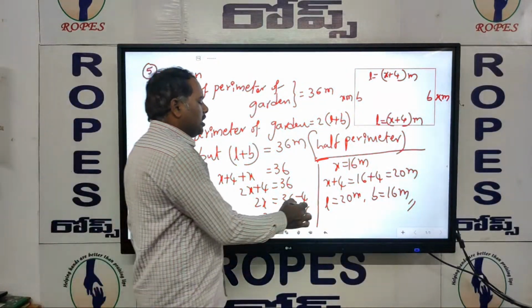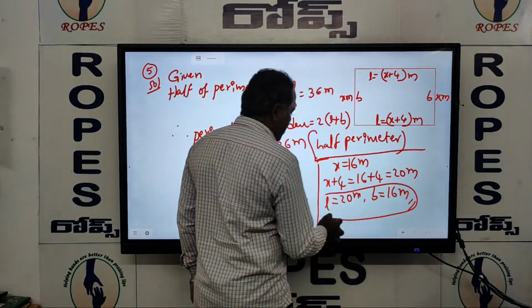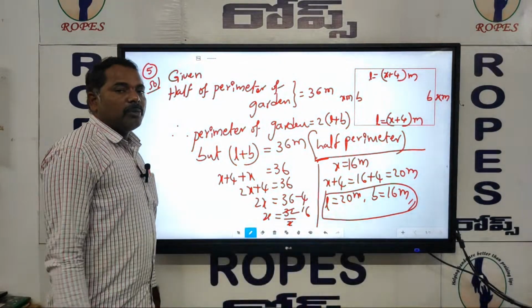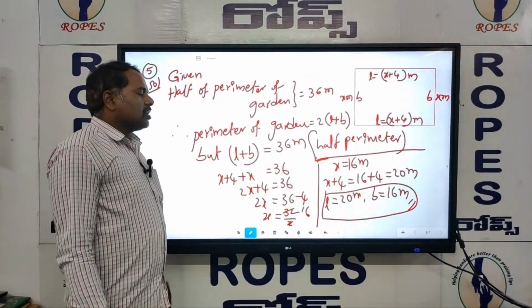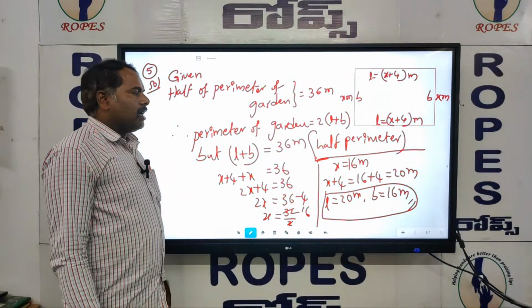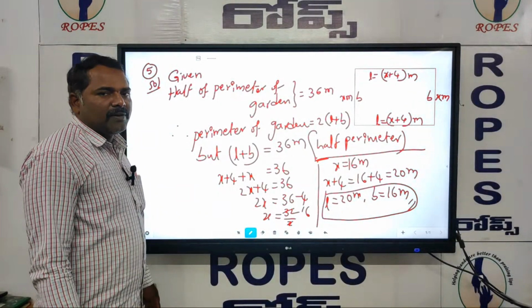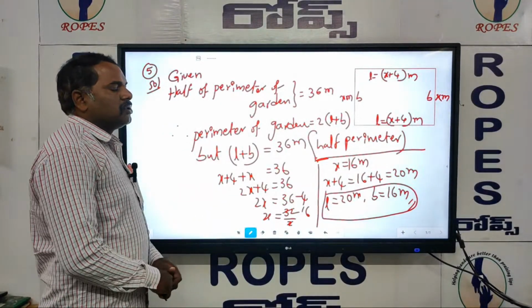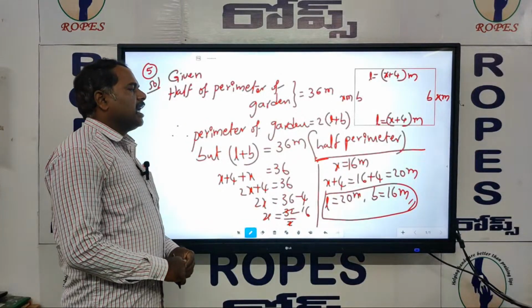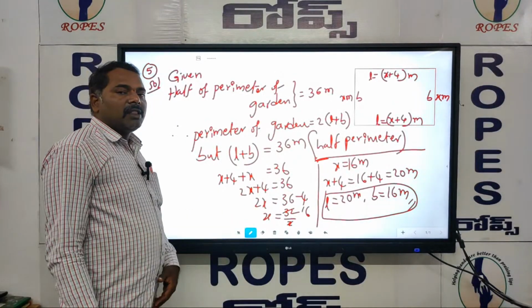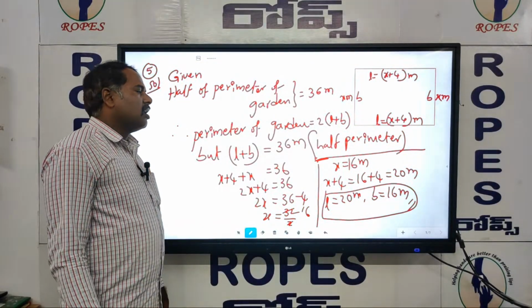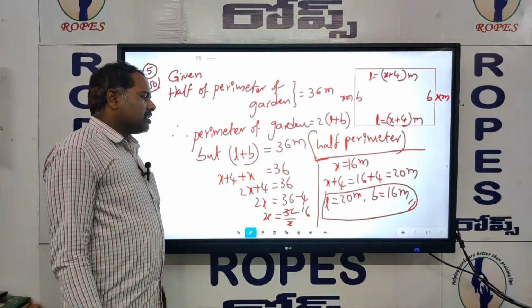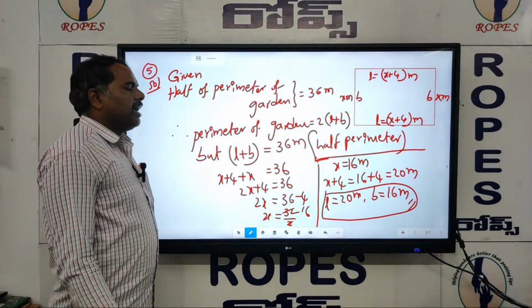So like this we have to find. In the conclusion step you can write like this: therefore length of the garden is 20 meters, and breadth of the garden is equal to 16 meters. Like this we have to find when they give the problem in statement form. By using the statement form we should find the length and breadth of a rectangular garden, or a circular park or square park. So this is the way to find this.